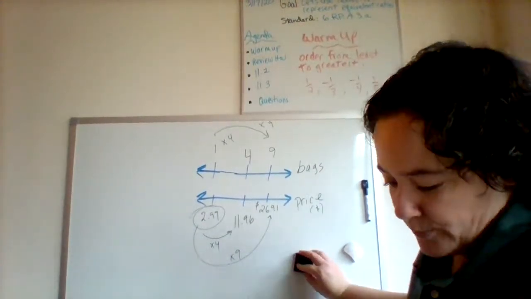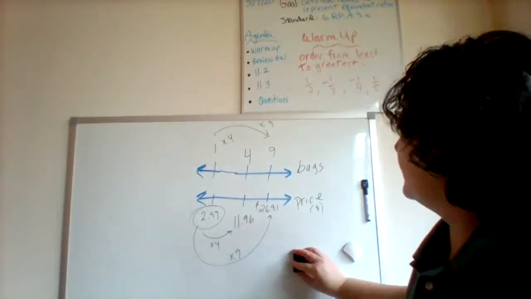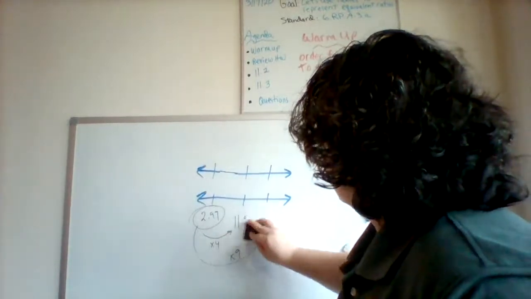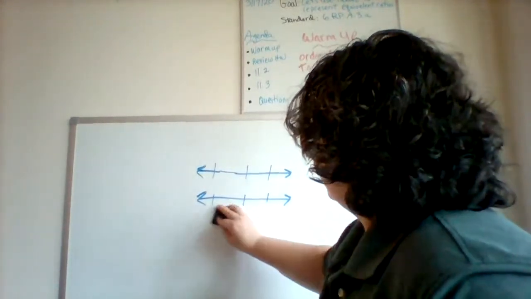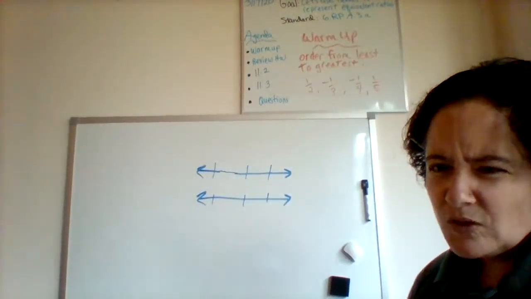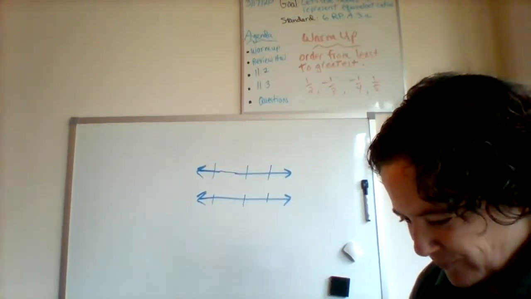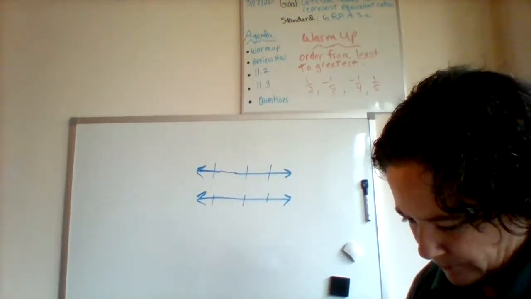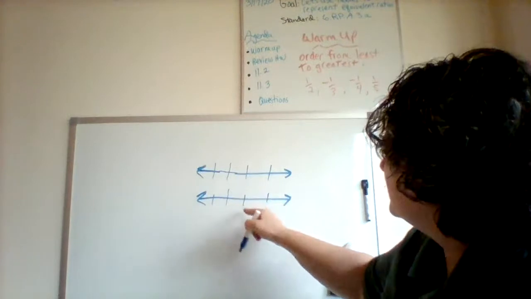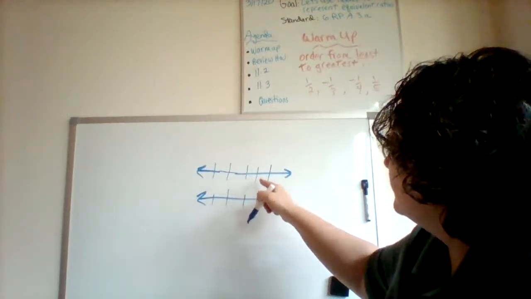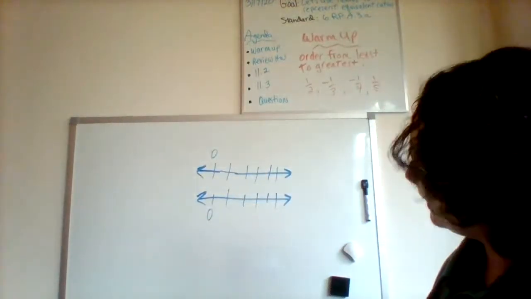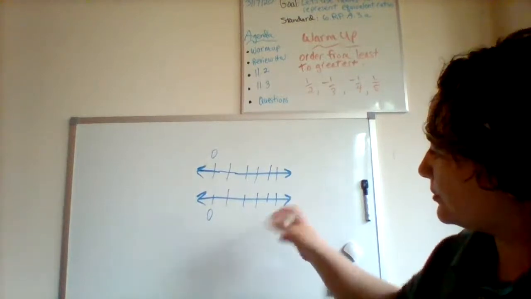Okay, my number line's a little sloppy, so I'm going to put it up here for you guys. They started off with 0, so I put the zeros.